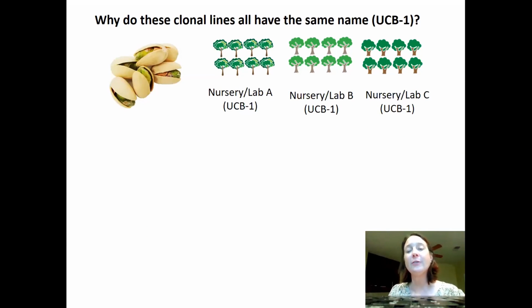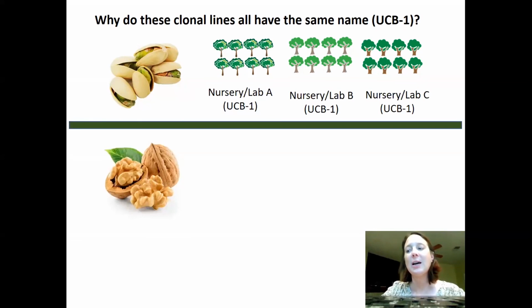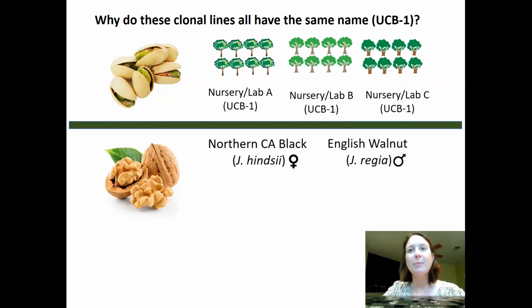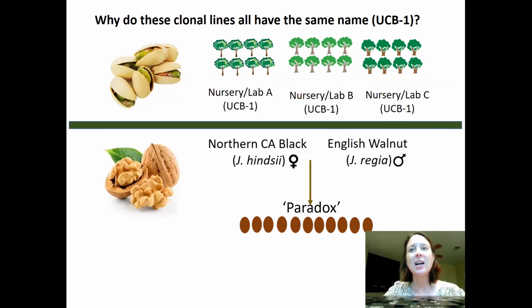And this is very, very frustrating because not all industries have the same terminology. Why are all of these clonal lines still called UCB1? Well, because they're all still the same UCB1 cross. They're from that same seedling population. However, when you look at walnuts, Paradox walnut rootstock is an interspecies cross between Northern California black and English walnut.